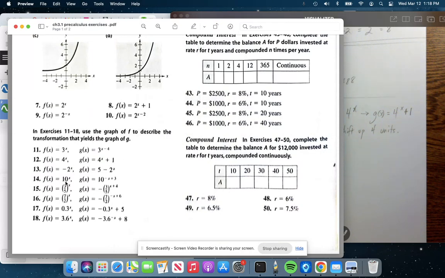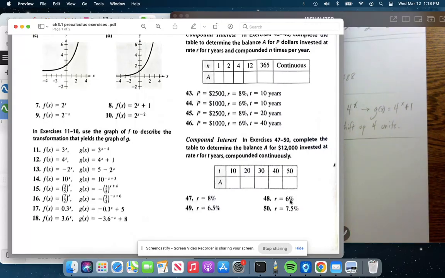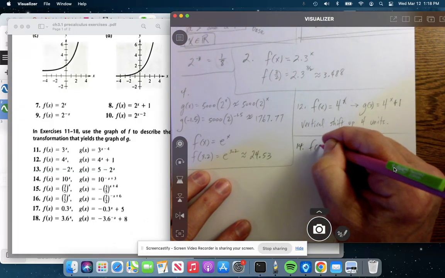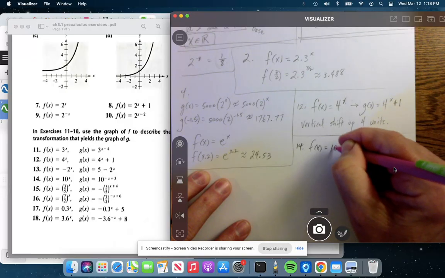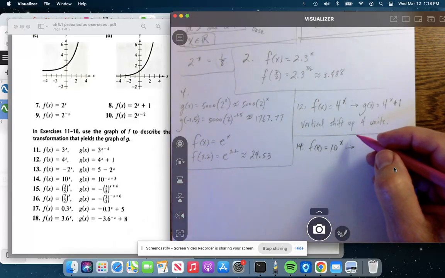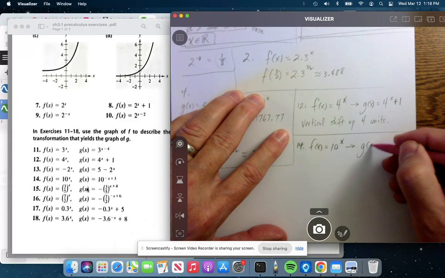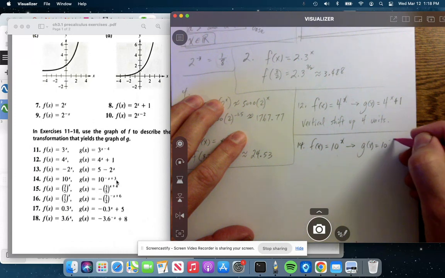Next, let's look at 14. So 14 is f of x equals 10 to the x versus g of x equals 10 raised to the negative x plus 3.